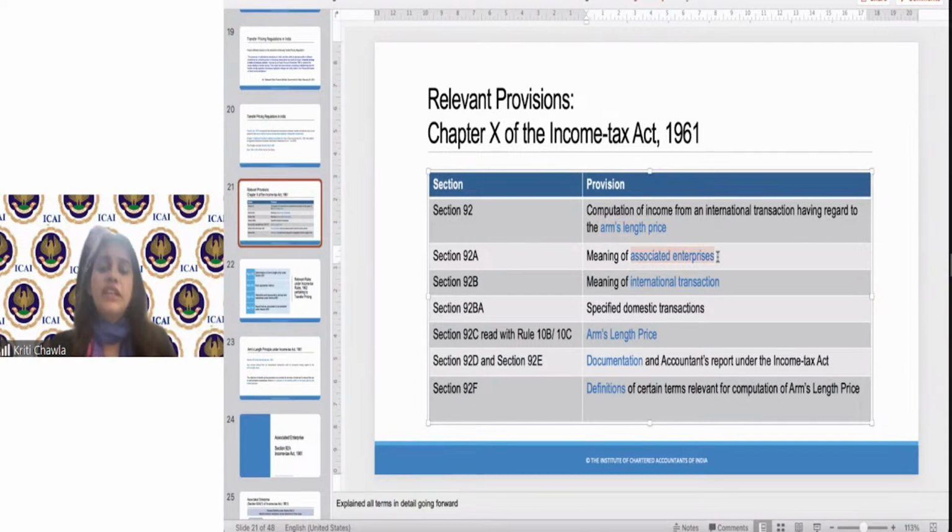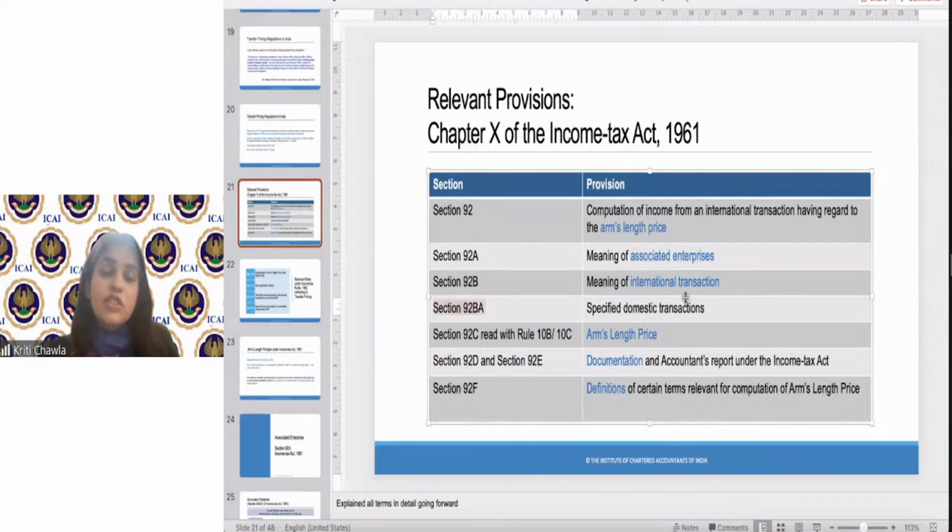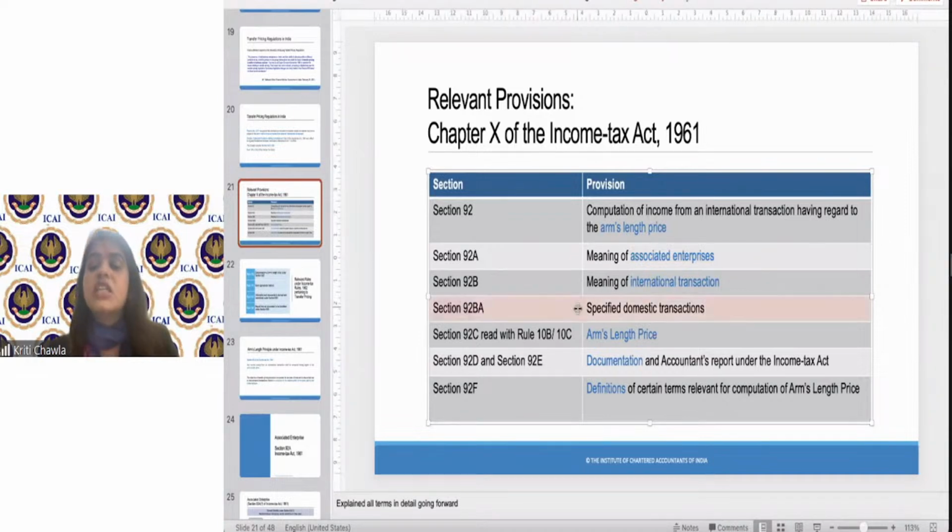What is the meaning of related parties, or associated parties, or associated enterprises? That's provided in section 92A. Then there's section 92B, which gives the meaning of international transaction. Then there's section 92BA, which we'll cover in the third lecture, which defines specified domestic transactions.